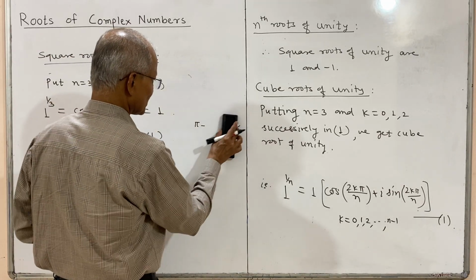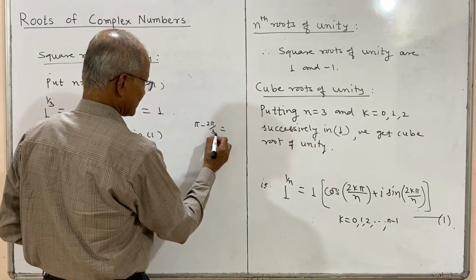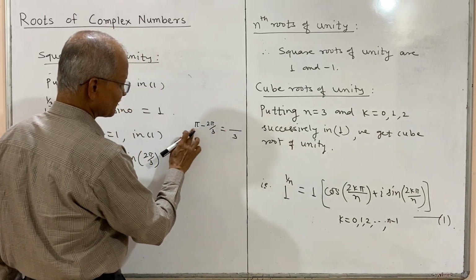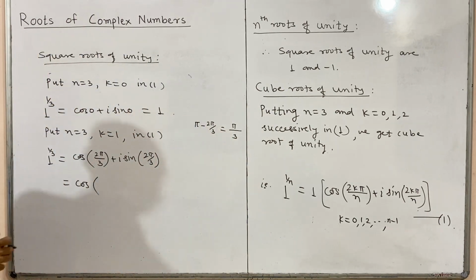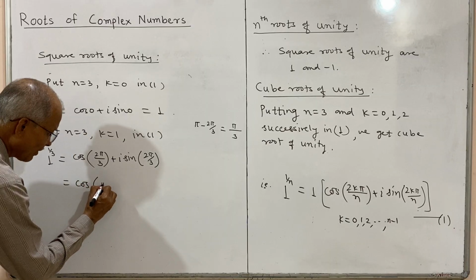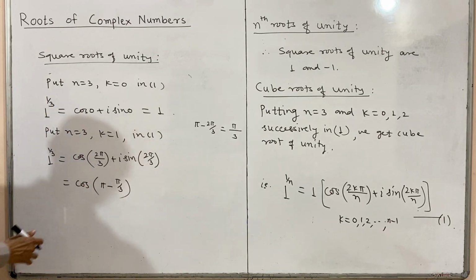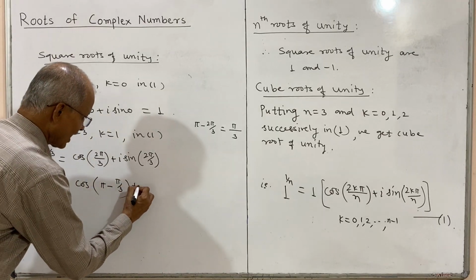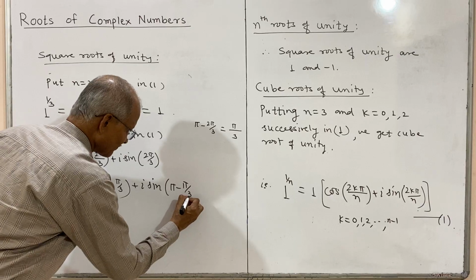Pi minus 2 pi by 3 will be, take the LCM as 3, and 3 pi minus 2 pi is pi by 3. So 2 pi by 3 is pi minus pi by 3, cos pi minus pi by 3 plus i sin pi minus pi by 3.